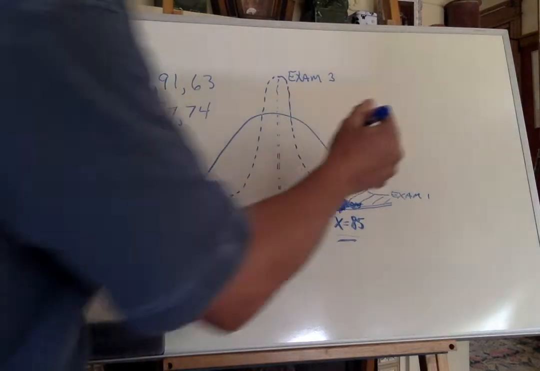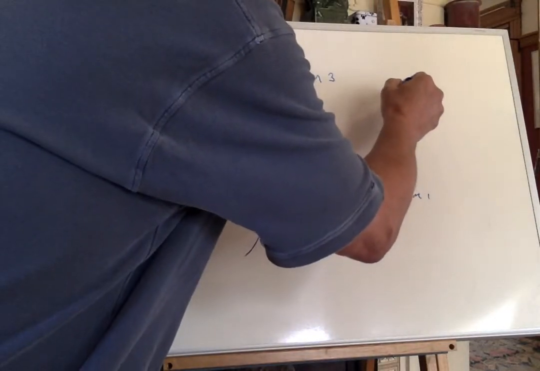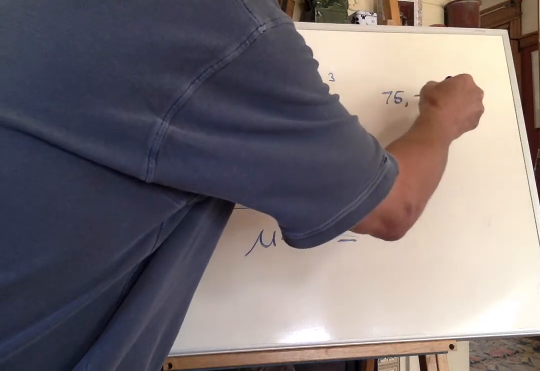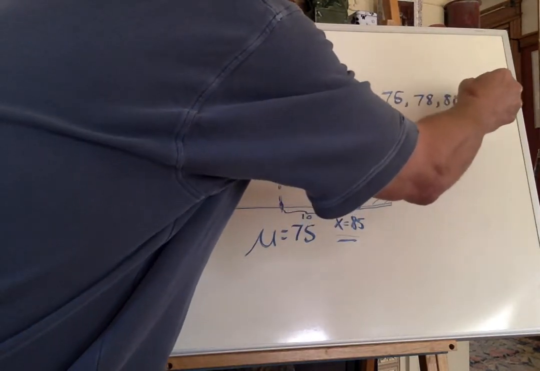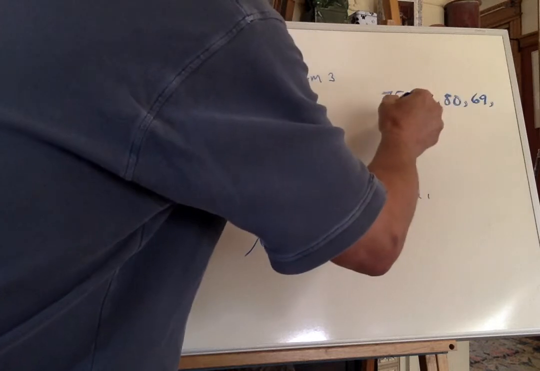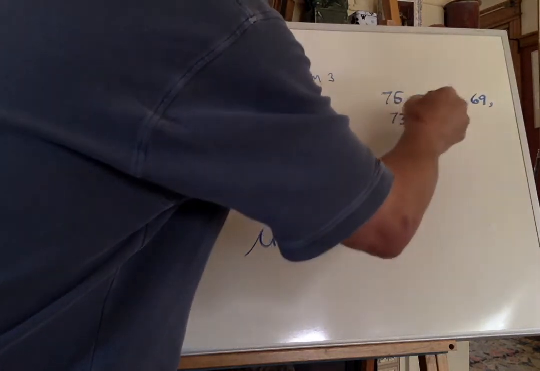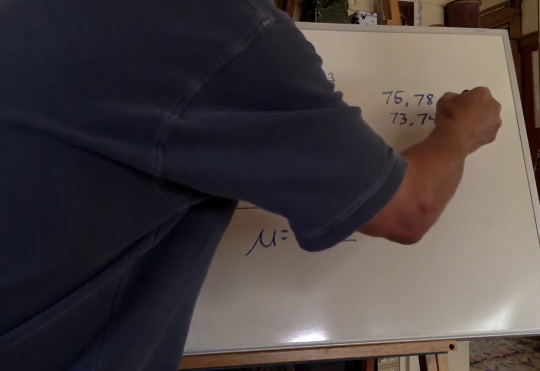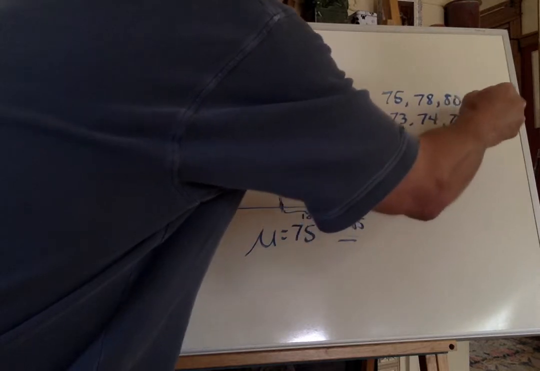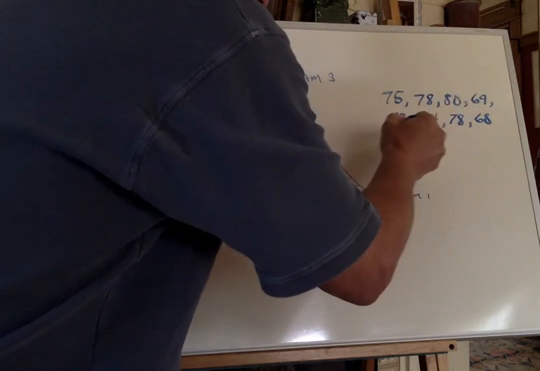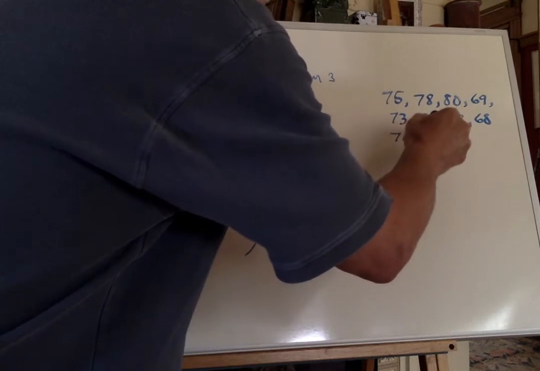Exam 3 might look something like this. Everybody with me here? That is, these numbers are going to be much closer together.